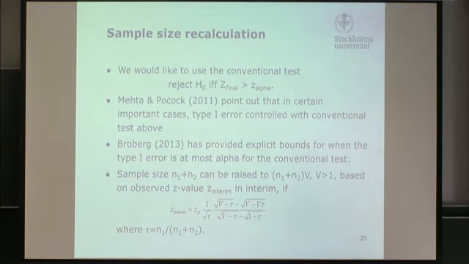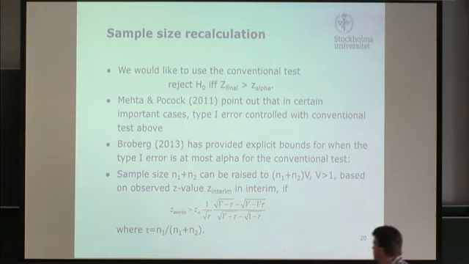But it has been identified earlier that in some important cases the type 1 error is controlled with the conventional test, and my colleague Per has provided some explicit bound for when you are safe and the type 1 error is controlled.